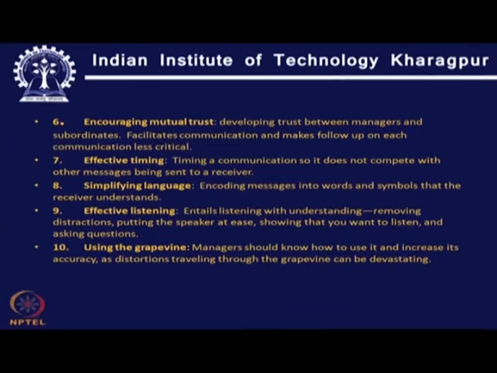If the grapevine starts functioning against the organization's purpose, because it has great speed through which messages can travel, and because of that high speed there is less way to check the accuracy of the information, these can be devastating if message distortions travel through the grapevine.